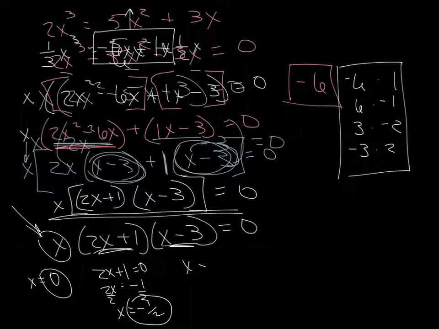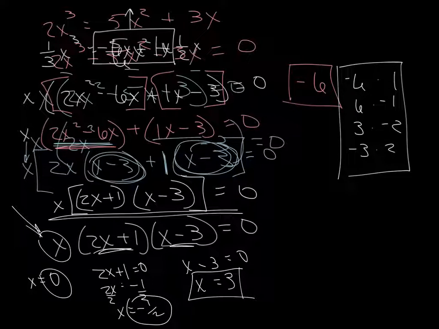And x minus 3 equals 0, so when x is 3, those are my three answers there. When you have three x's, 1, 2, 3, you're going to get three different answers. So 0, negative 1/2, and 3 are my answers. Okay, so let's go on to 7.1c as we finish up this lesson.